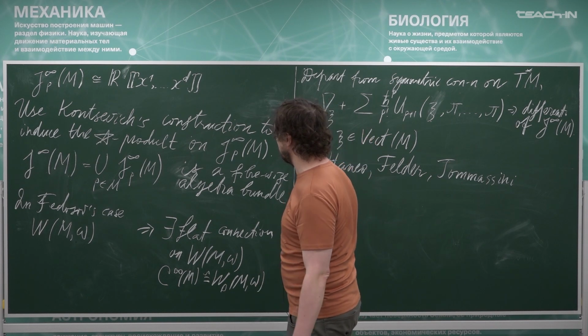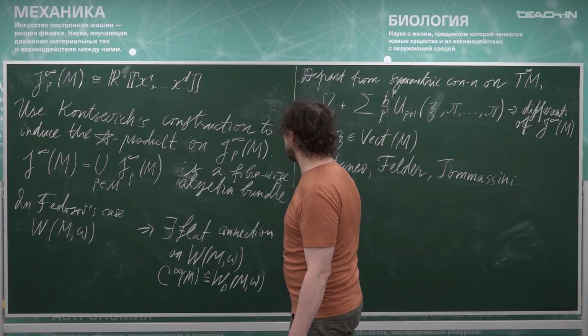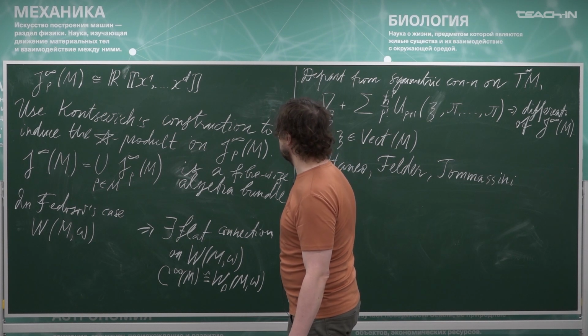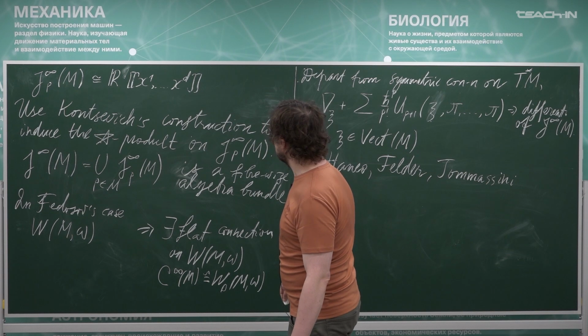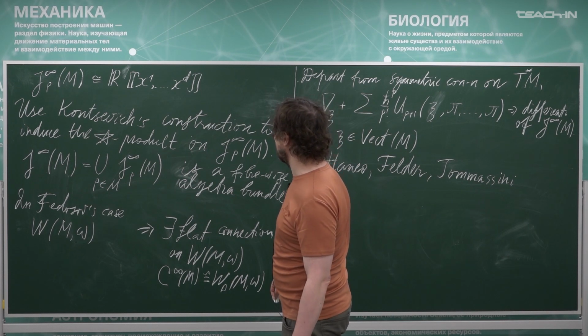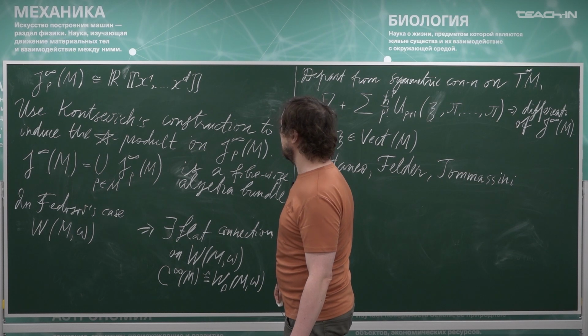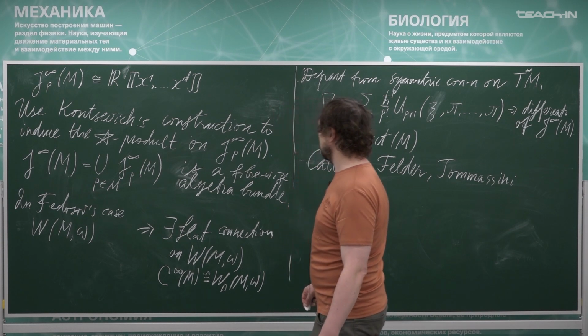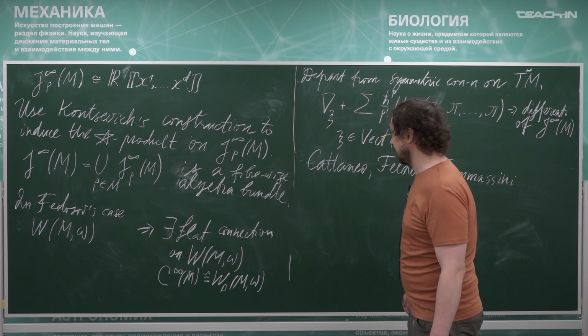So their construction was more abstract, more general, and it didn't rely so much on the properties of the concrete formality morphism, because, as I think I explained, if I haven't, then I'm sorry, there exists more than just one formality morphism. Kontsevich's choice of formality morphism was a very special choice. It has lots of additional properties which can be used to obtain new constructions.